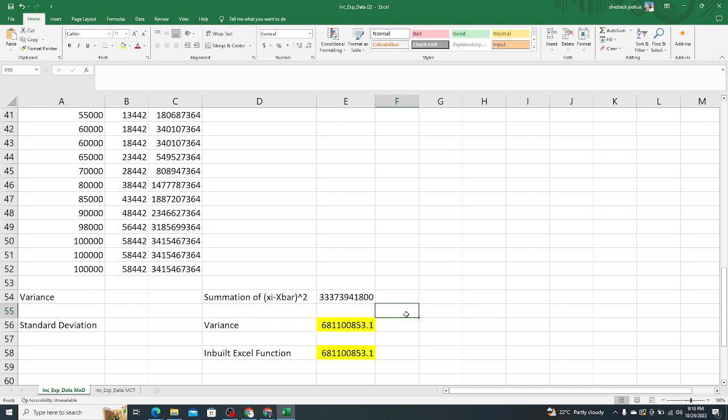That's correct. Let me start from the definition. We say that variance is the measure of dispersion, or the spread of the data points in a data set away from the mean.